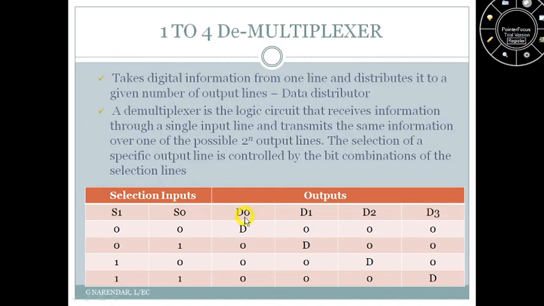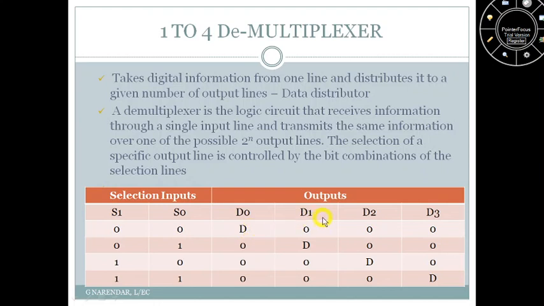So now D0 equals D, where D is the data present on the input line of the demultiplexer. So when the selection inputs are 0 and 0, the D0 output line is selected, and the data present on this line is the same as the data coming on the input line.